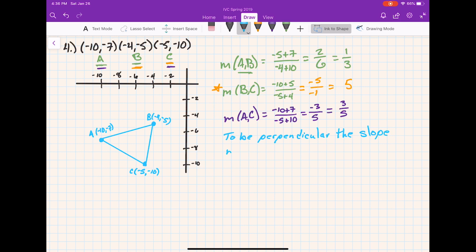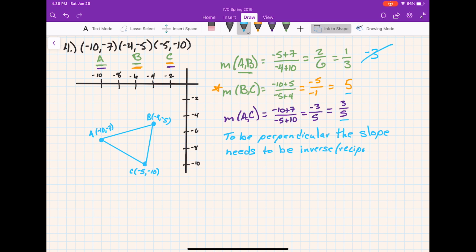And so what does that mean? What that means is we need to have one pair of these lines have exactly the opposite sign, plus or negative, and the reciprocal over the top.